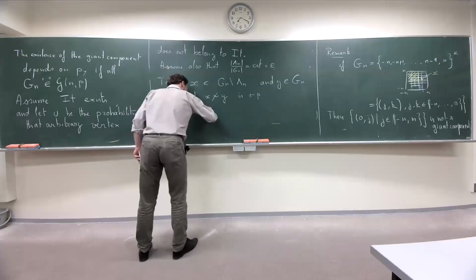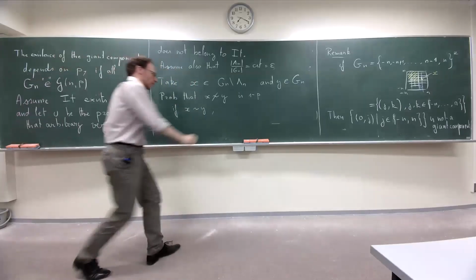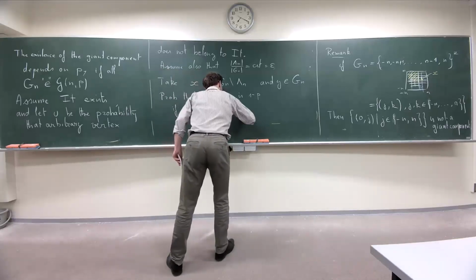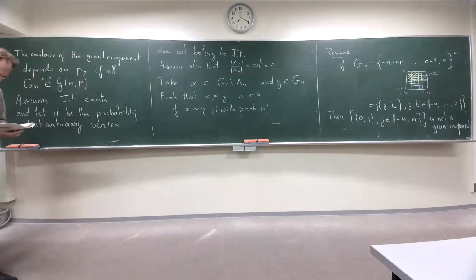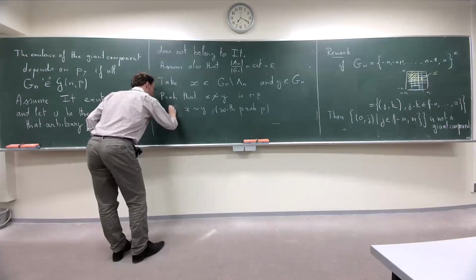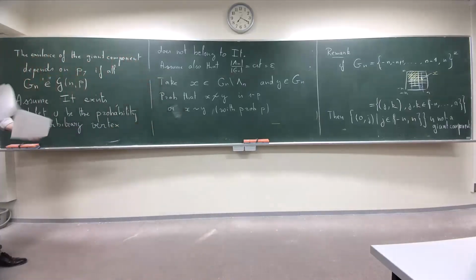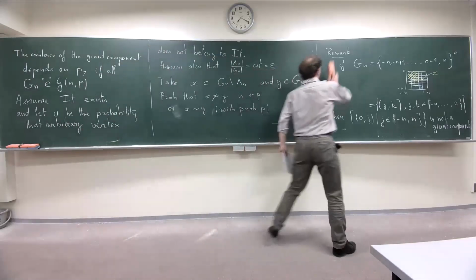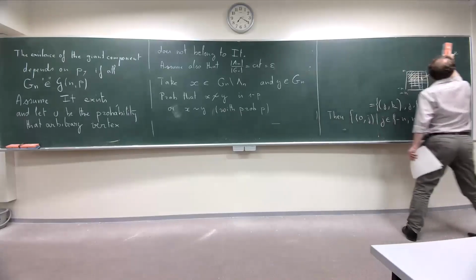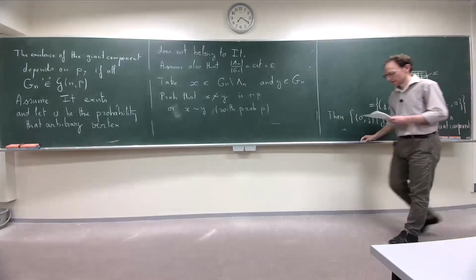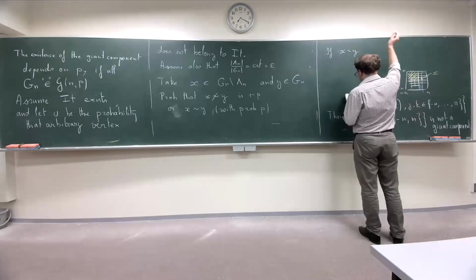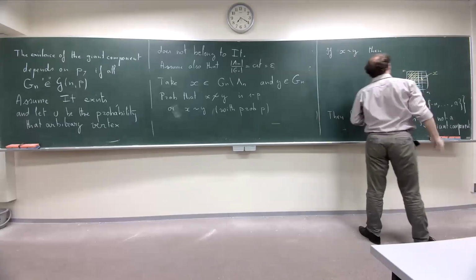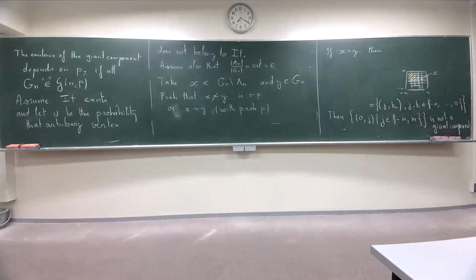If X is connected to Y, which has probability P, then what can I say about Y? Does Y belong to the giant component or not?